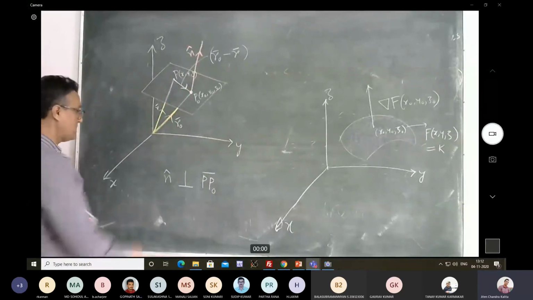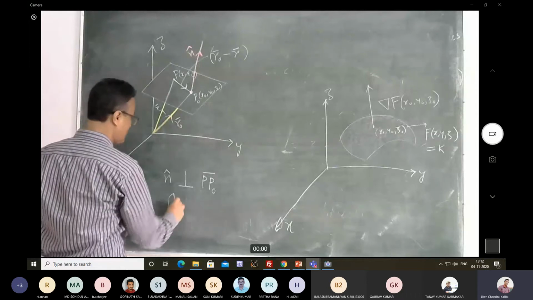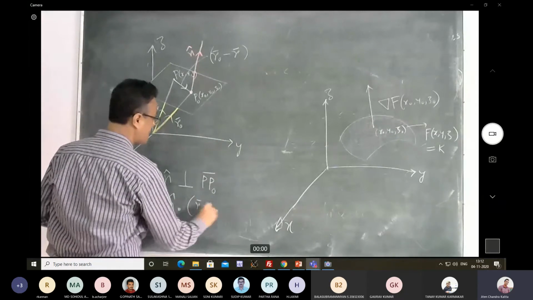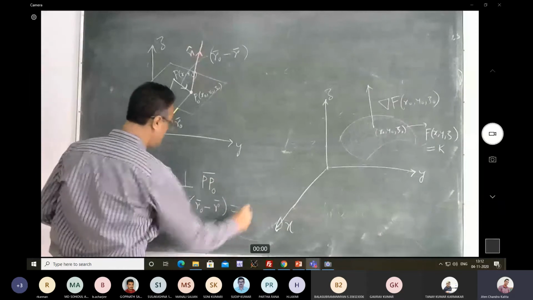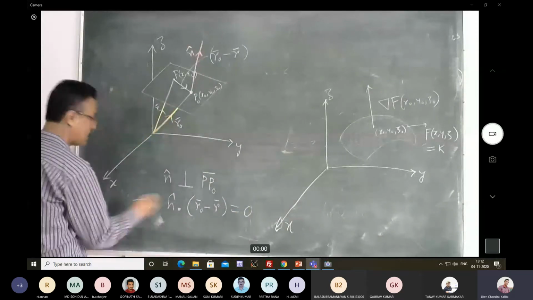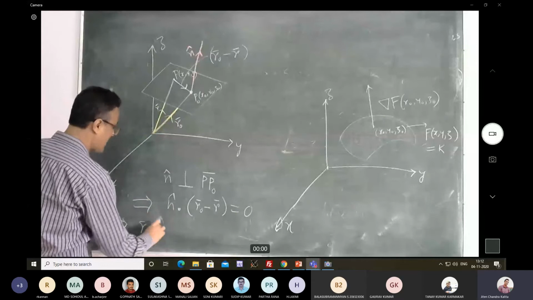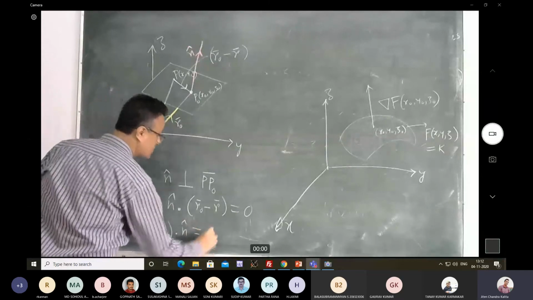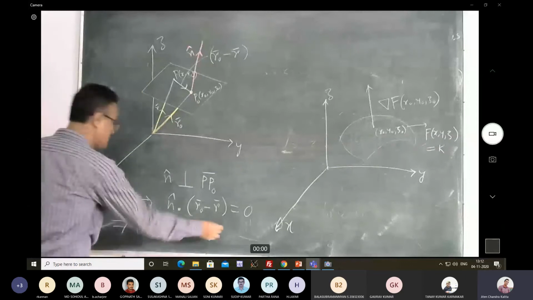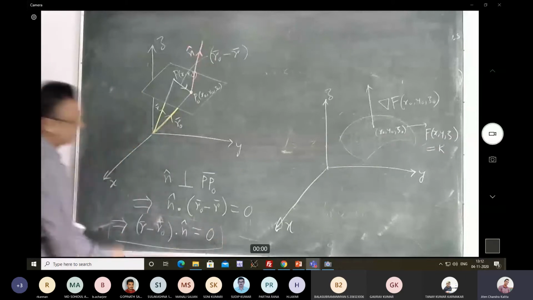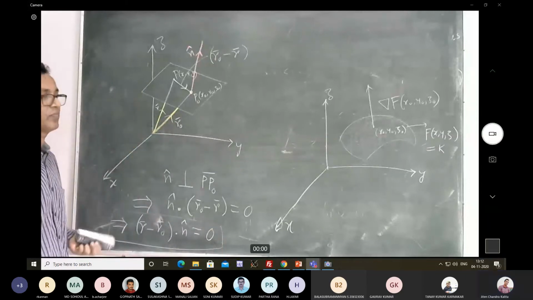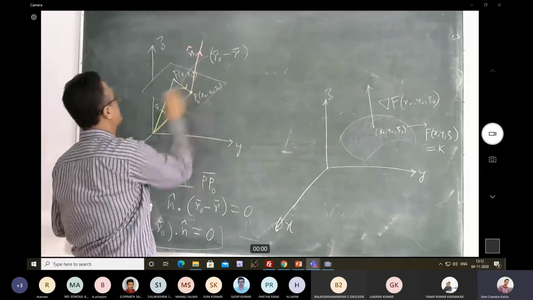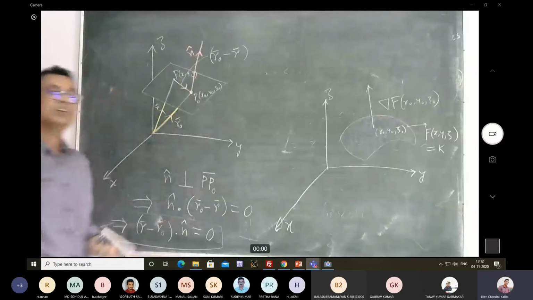So this means n cap dot (R minus R naught) is 0. So I can write this as simply R minus R naught dot n cap equals 0. This is nothing but the vector equation of a tangent plane passing through the fixed point given by the vector R naught.